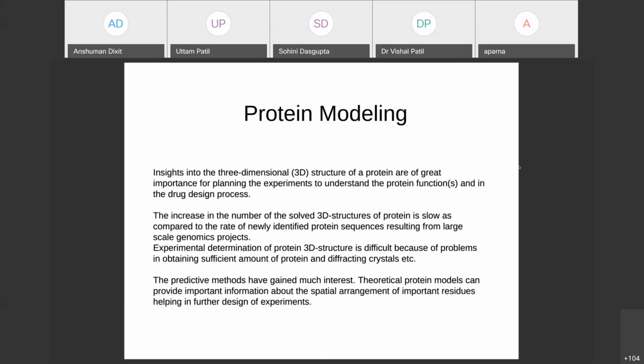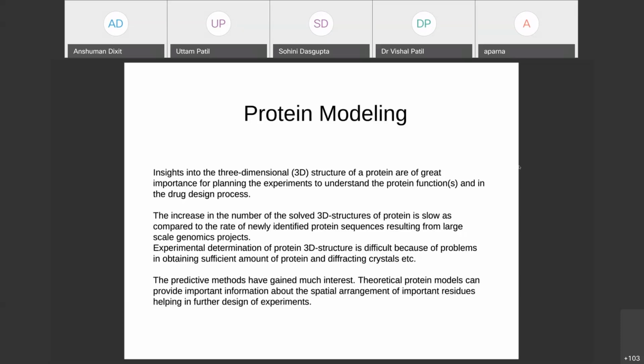Because we do not have enough protein structures available from the Protein Data Bank and other databases, we try to predict the 3D structure of a protein. These are called predictive or theoretical methods, and the models which are generated are called predicted models or theoretical protein models.